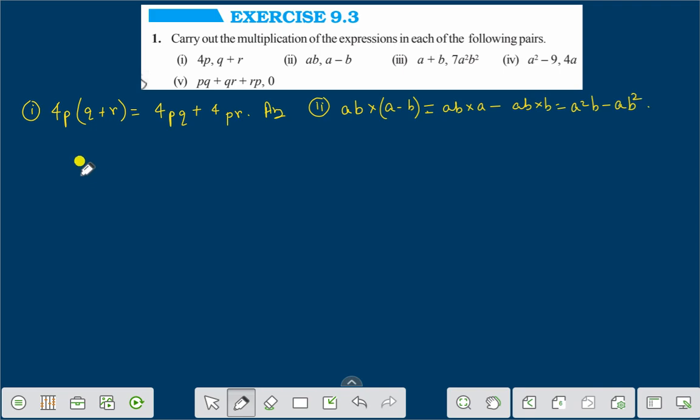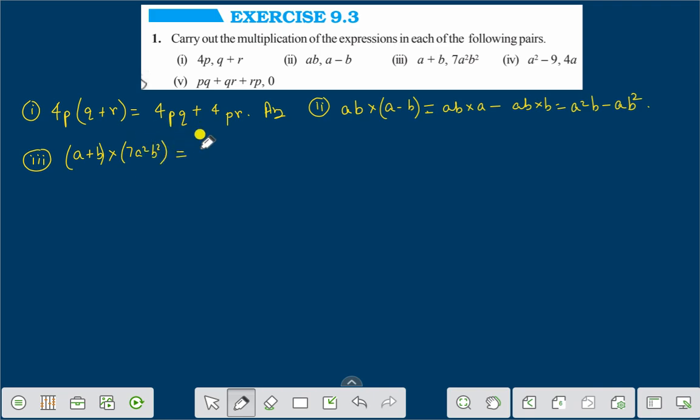Question number 3 is (A plus B) into 7 A square B square.